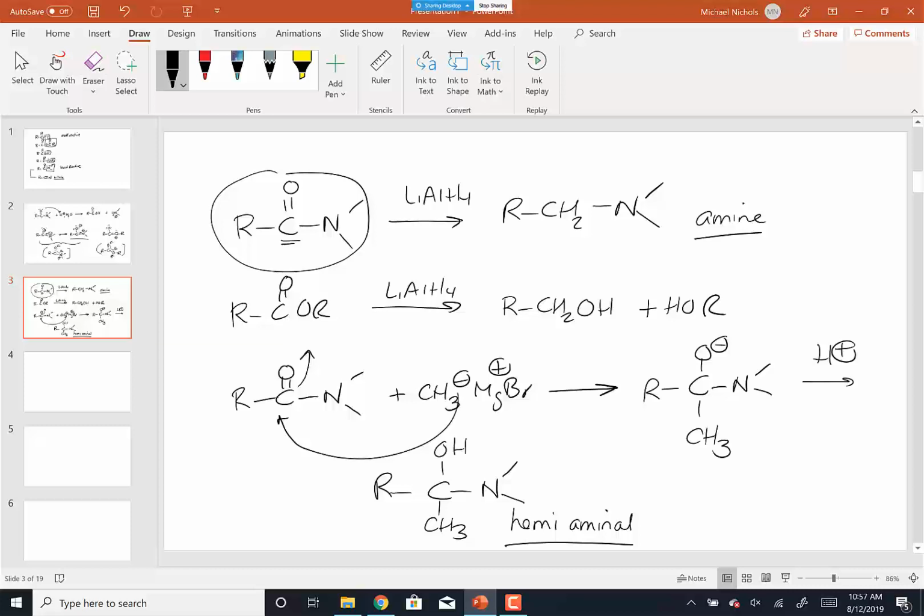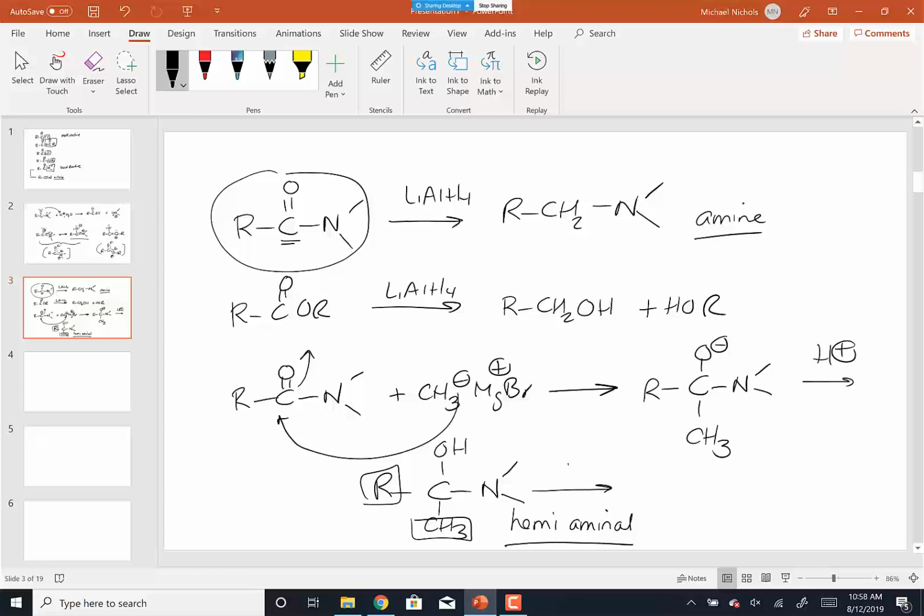In this case, I would have a ketal because it came from a ketone, or it's got two R groups here, sorry. So this one would have come from a ketone. But this hemiaminal is not stable, just like a hemiketal would not be stable.